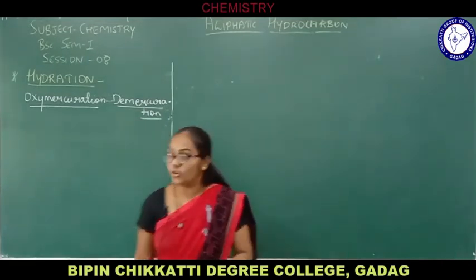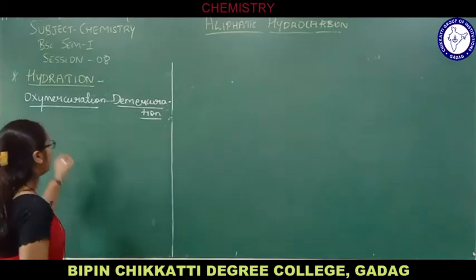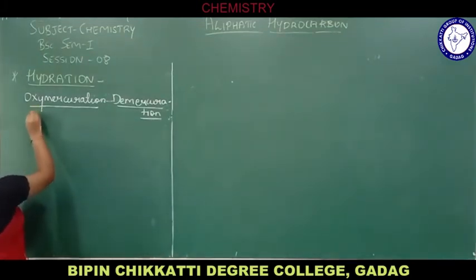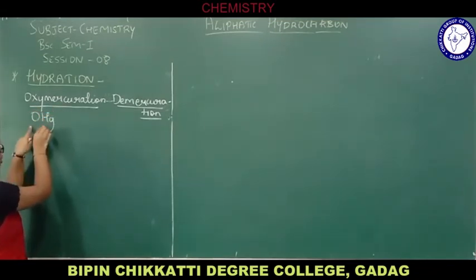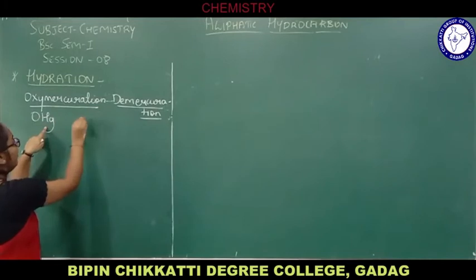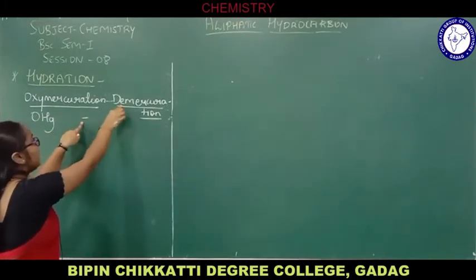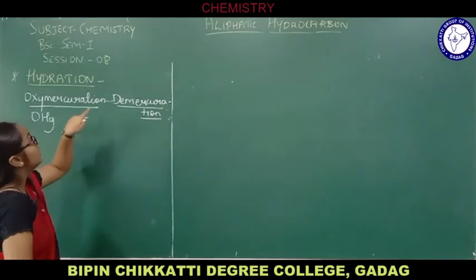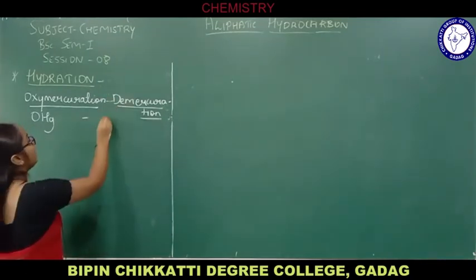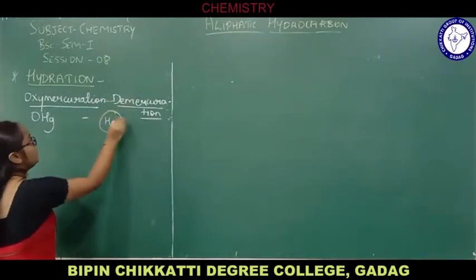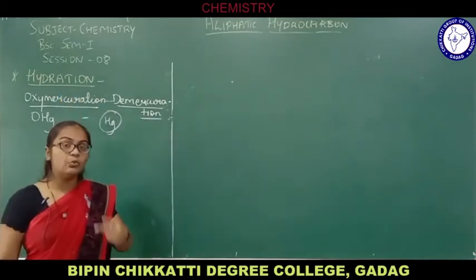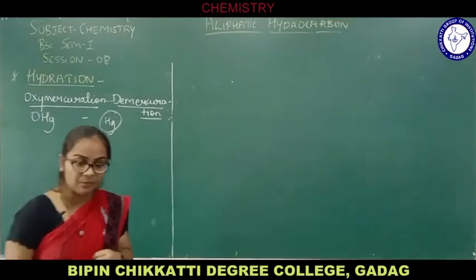From this topic's name you can make out the oxygen will combine with the mercury, that is oxymercuration, and here the D in demercuration means removal. In the second step, the reduction process, the removal of mercury takes place. So this is the two-step reaction to yield the alcohol.